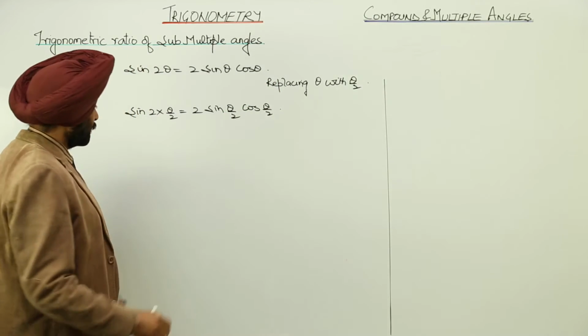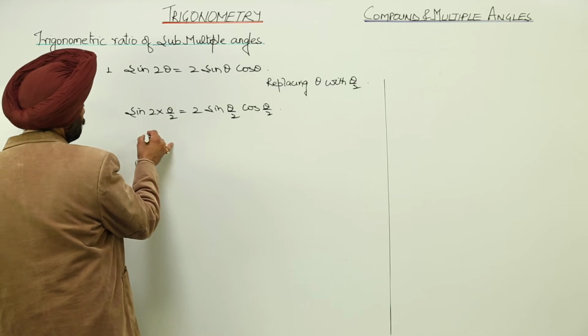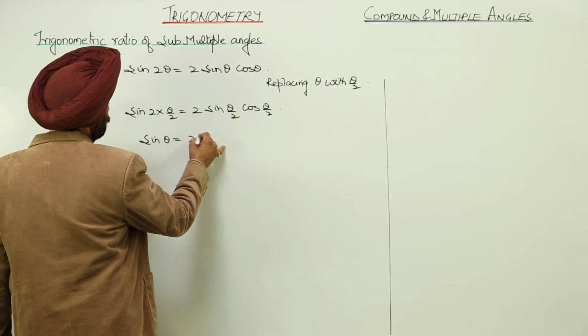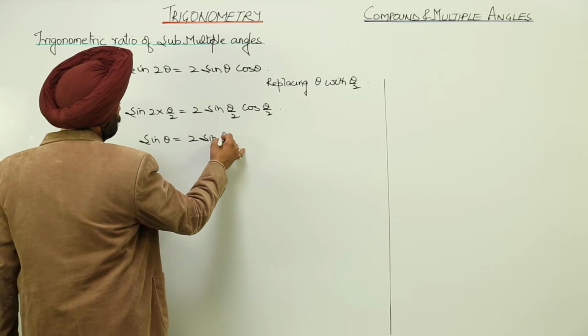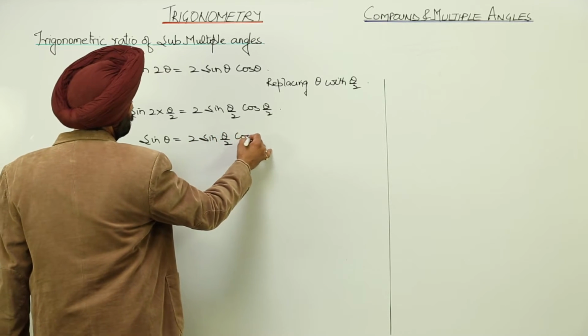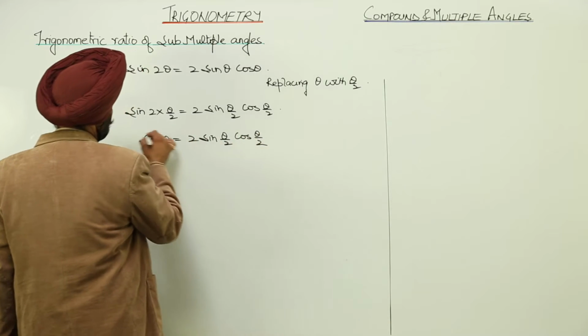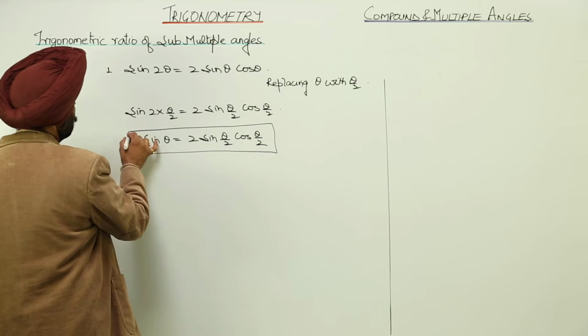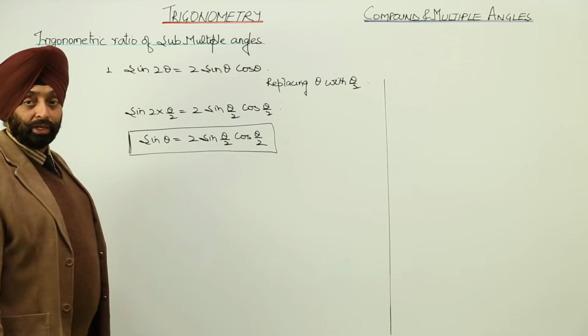So what can we write? We can write sine theta is equal to twice of sine theta upon 2 cos theta upon 2. So this is the first part for the sub-multiple angle.